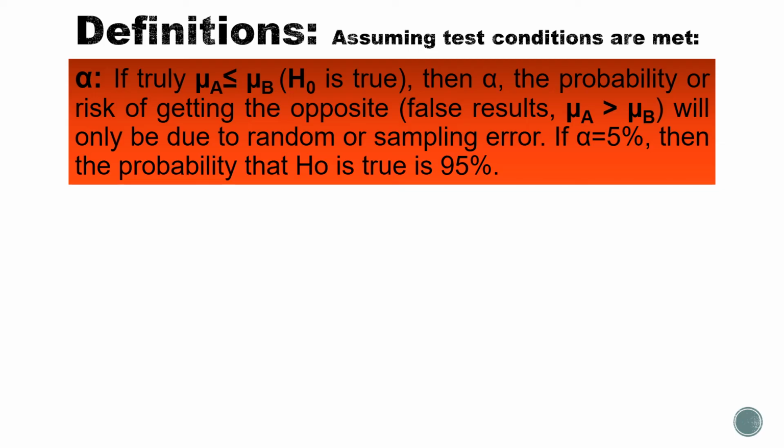In other words, the mean hours of sleep of patients who take treatment A being greater than the mean hours of sleep of people who take treatment B will only be due to random sampling error.